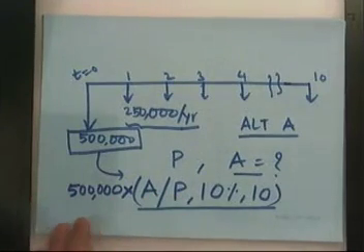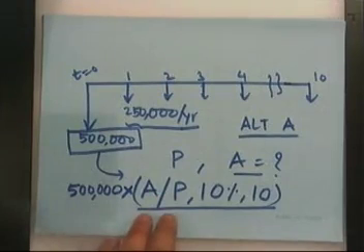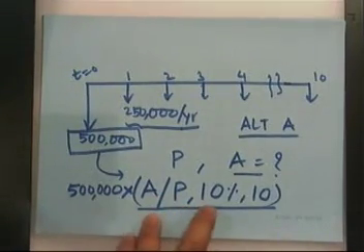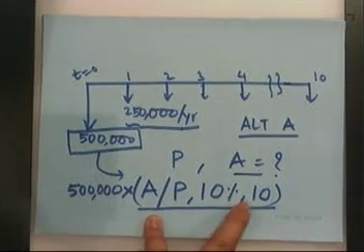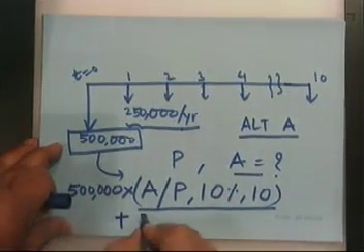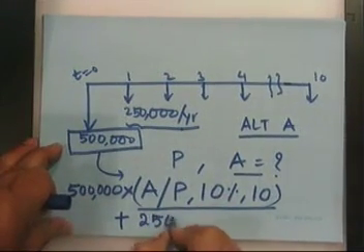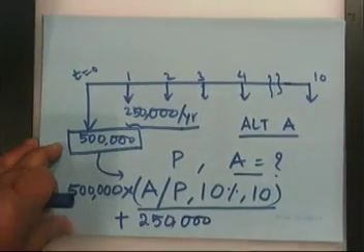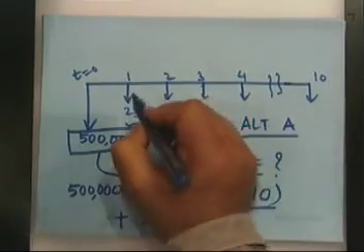That means 500,000 multiplied by this factor A given P at a 10% interest rate for 10 years, and I will be adding it to 250,000, which is already in the form of an annual value.